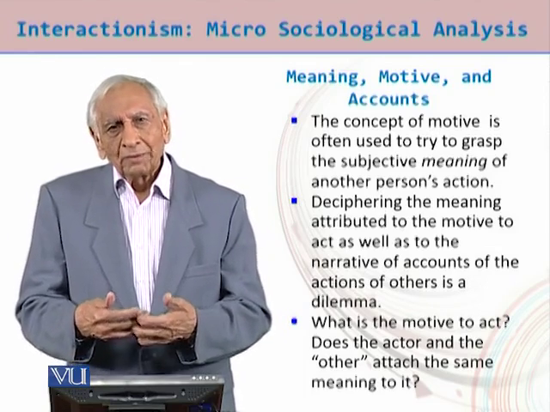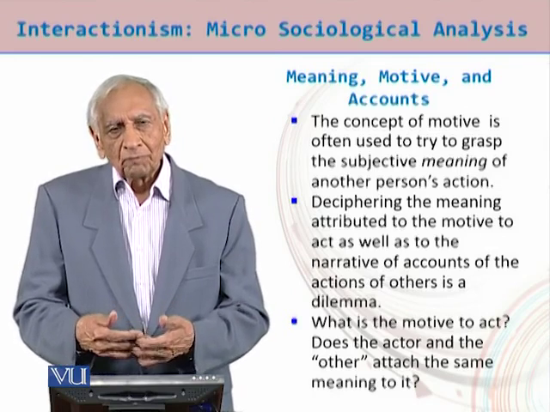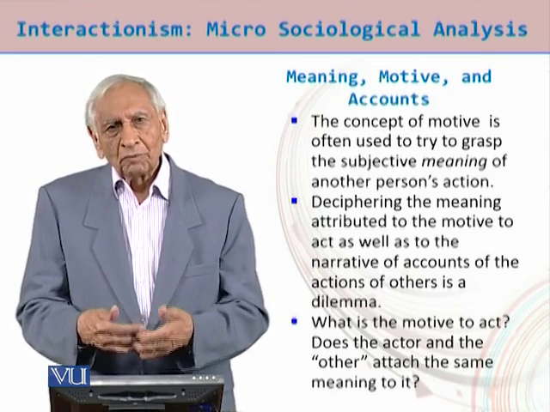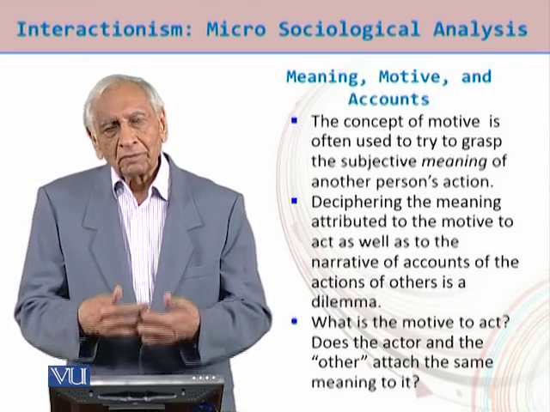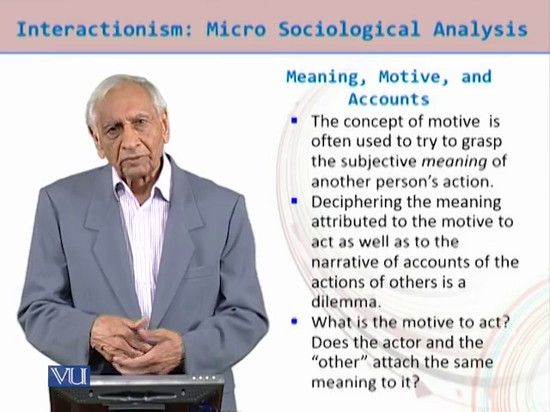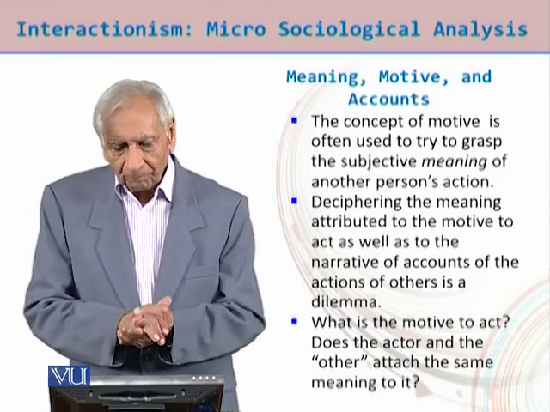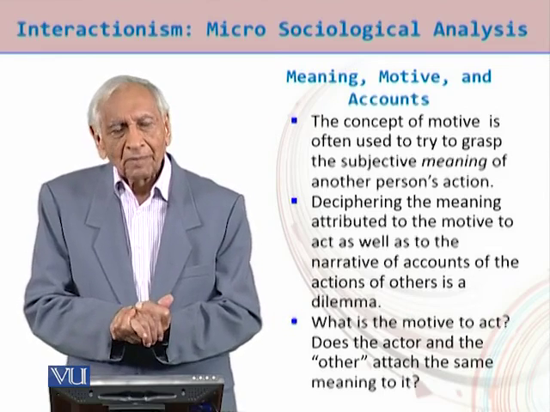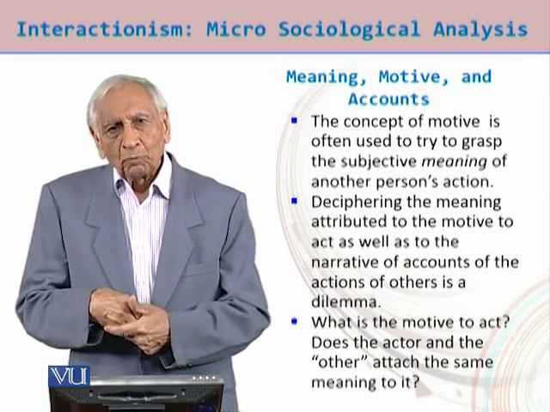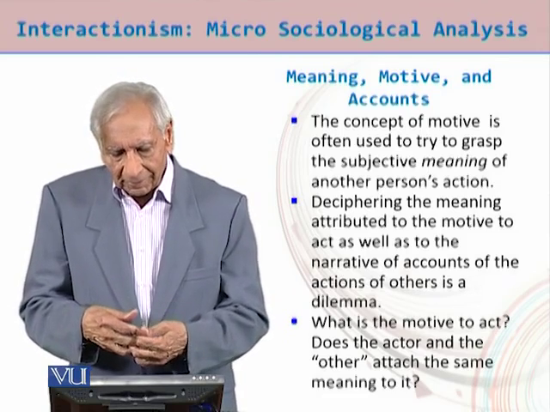That means, what was the meaning of that motive? How do we know what the motive was? Can we understand it from the action of an individual? Now, deciphering the person's meaning, or what we attribute to that, I think is very difficult.